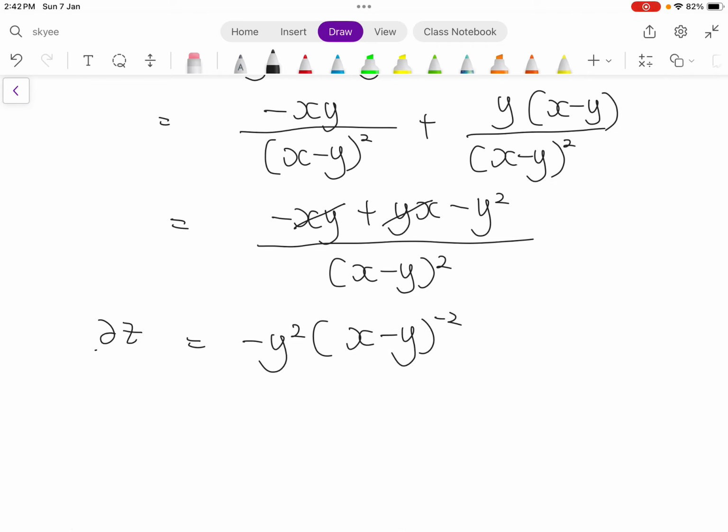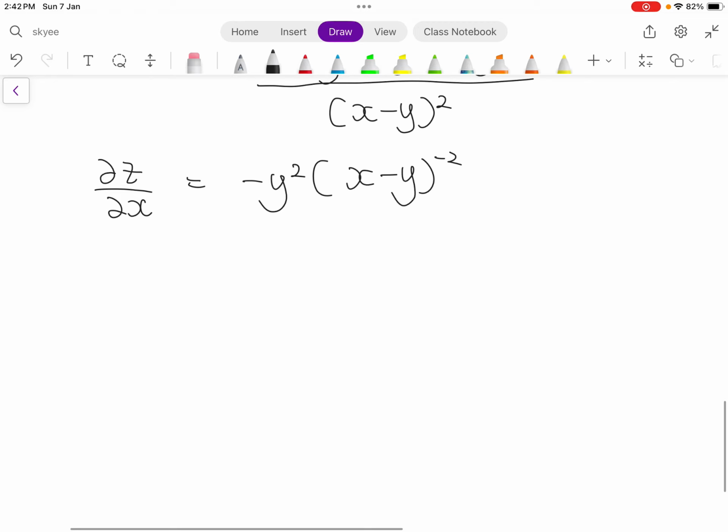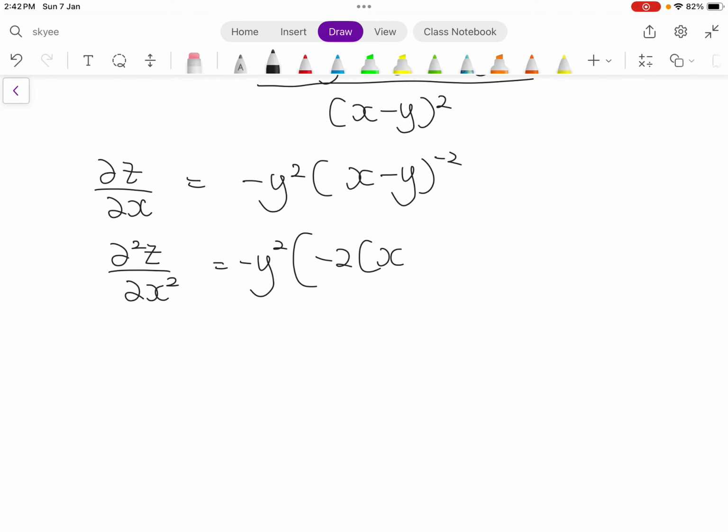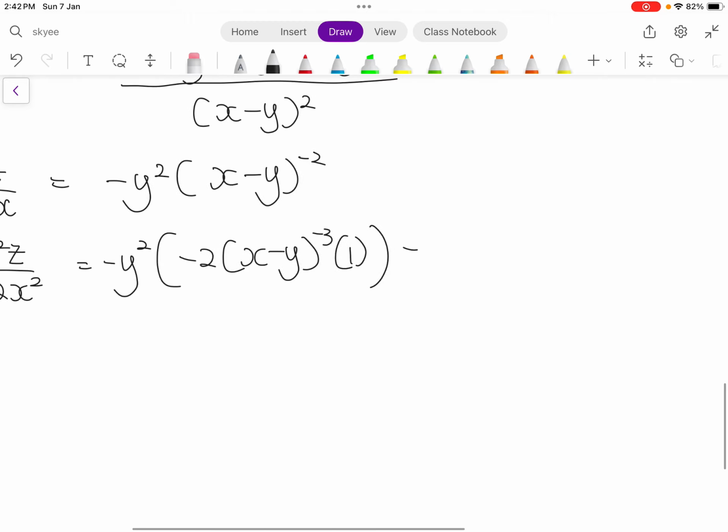I write it this way because it will be easier later when I do the second level differentiation, also with respect to x. So del squared z del x squared will be equal to negative y squared times negative 2 times x minus y to the power negative 3, times 1.